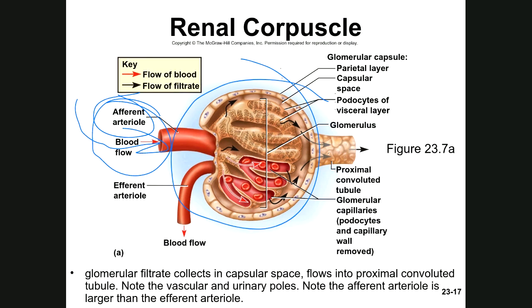The capsule is like a filter. Everything that is a waste, everything that doesn't need to be in the body, will pass to the next step. The next step is this area that is called the PCT, the proximal convoluted tubule.